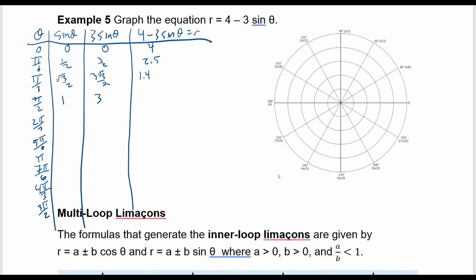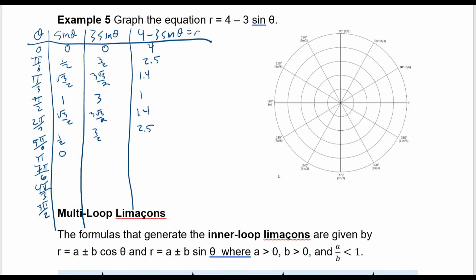This is going to be 3, so this is 1. Sine of 2 pi over 3 is square root of 3 over 2. 3 times that's 3 root 3 over 2, and then 4 minus that is 1.4. For 5 pi over 6, get 1/2. 3 times that's 3 halves, and then we get a 2.5 out of that.